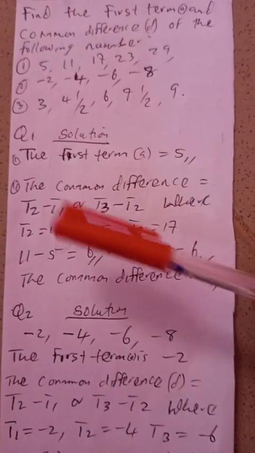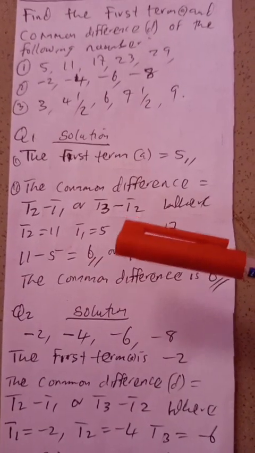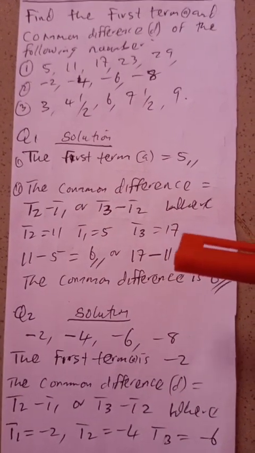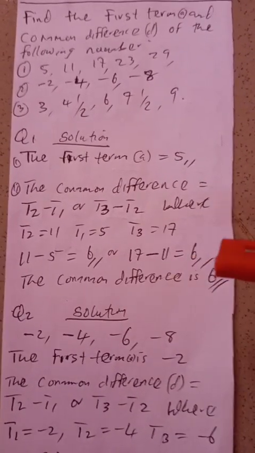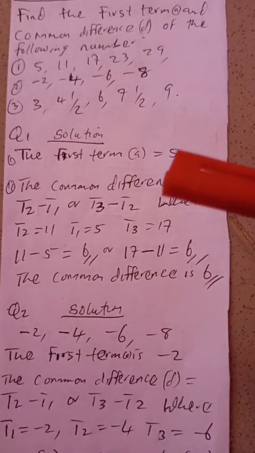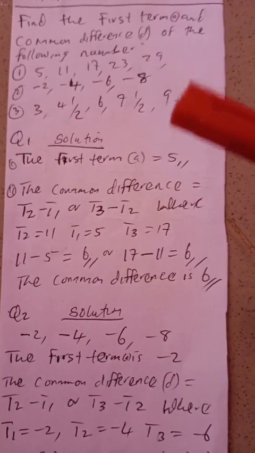Following this formula, T2 minus T1: 11 minus 5 is 6, or T3 minus T2, 17 minus 11 is equal to 6. The common difference now is 6. So in arithmetic progression, we call it common difference, while in geometric progression, we call it common ratio.